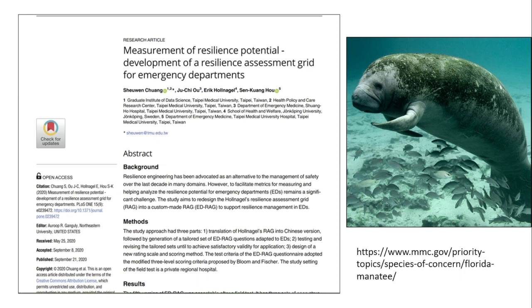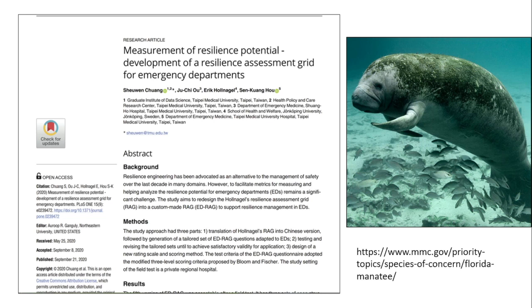So this is where Shuen and her team did really incredible work. There's this resilience analysis grid, and those of us who started in a Safety-I background are somewhat frustrated by our inability to quantify. What Shuen and her group did was work with Eric on creating, I'm going to call it, a semi-quantified graph or measurement tool.